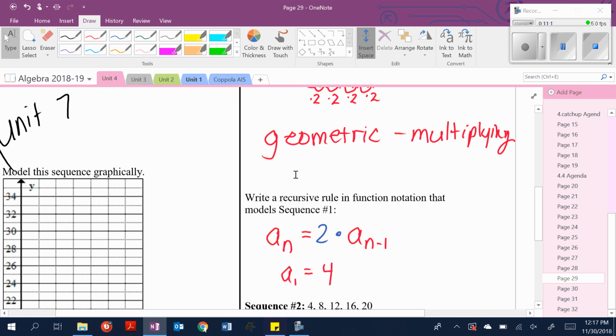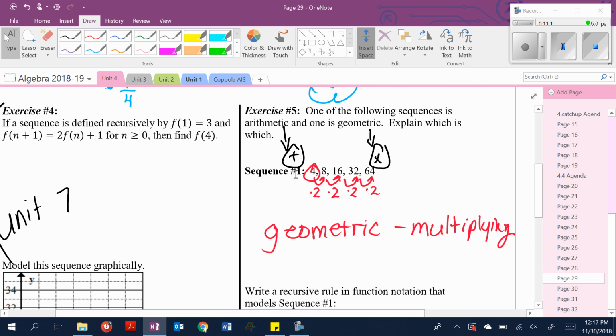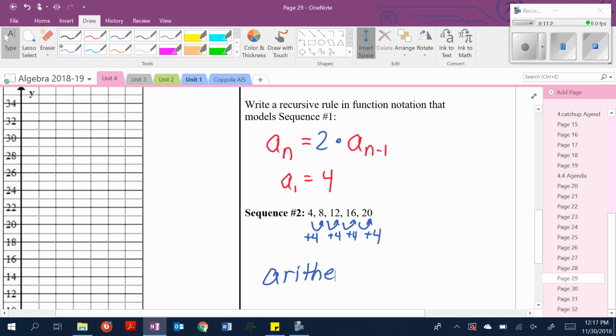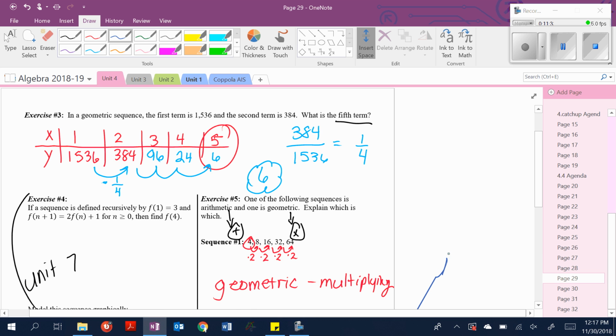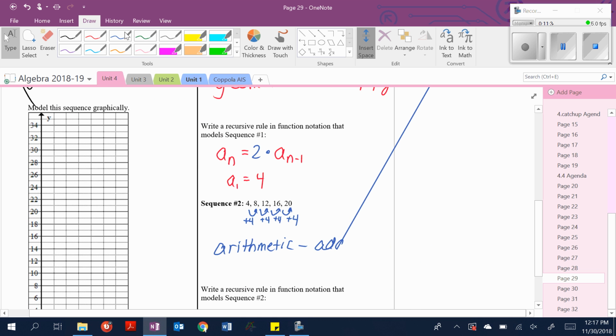I'm spelling this wrong again. I thought I knew how to spell it. M-E-T-I-C. All right. There we go. And we know it's arithmetic because we are adding.